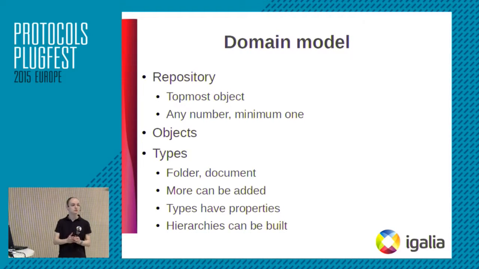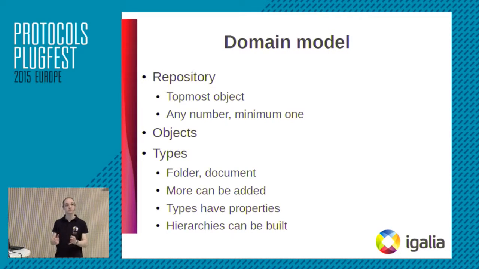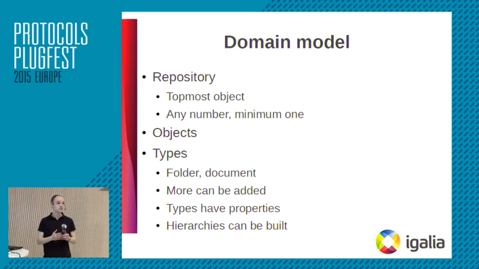Repositories also expose the capabilities of the server. For example, you query the repository to know if versioning is available, or other optional parts of the protocol. You have objects, which are the abstraction of the actual contents in the ECM, and objects have types.